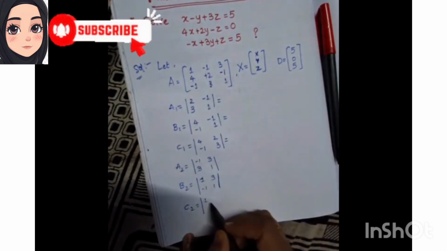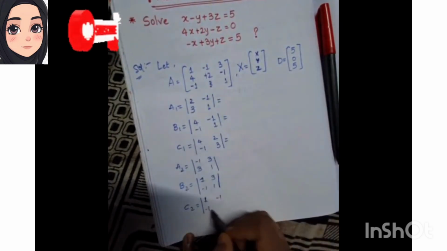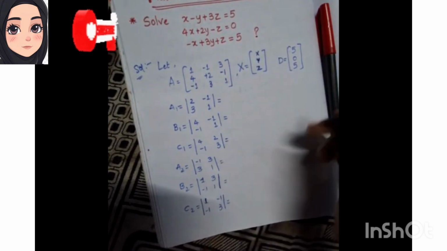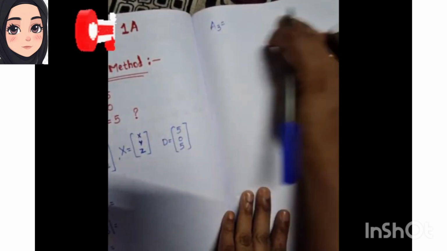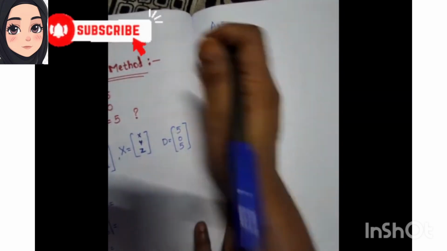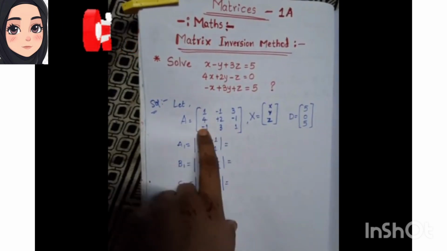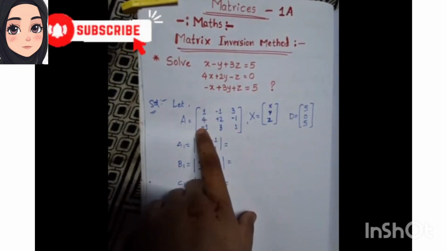Next A3, in the row A3, B3, C3. Hide its row and first column, and write minus 1, 3, 2, minus 1.